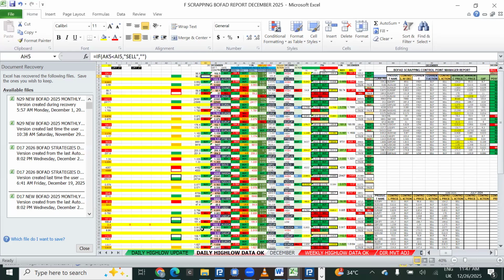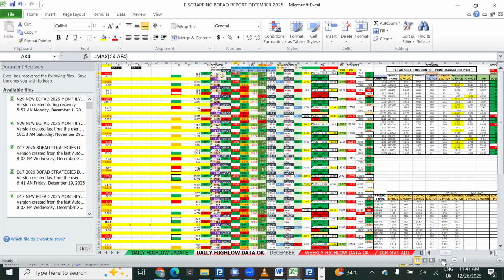Okay. So for example, now this AUDJPY is the first product, it's telling us to buy. So how do we know when best to buy? So you can see here we have this point and this point.